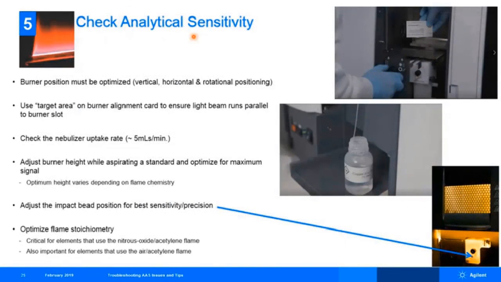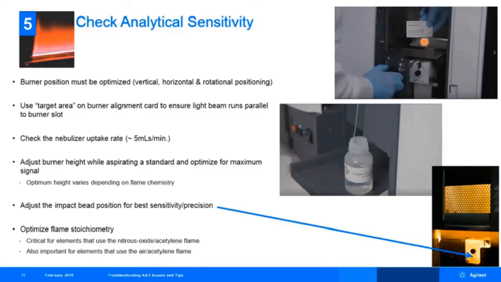Now let's think about one of the last checks that we should do if we want to improve the performance of our instrumentation. And that's really to check the analytical sensitivity that we're getting. One of the things that most users often have trouble with is burner alignment. We do need to optimize the burner position, both vertically, horizontally, and rotationally. And the best way to do that is to use the burner aligning and cleaning strips.